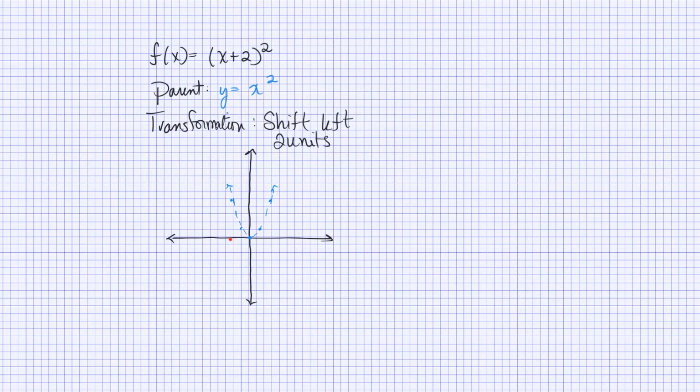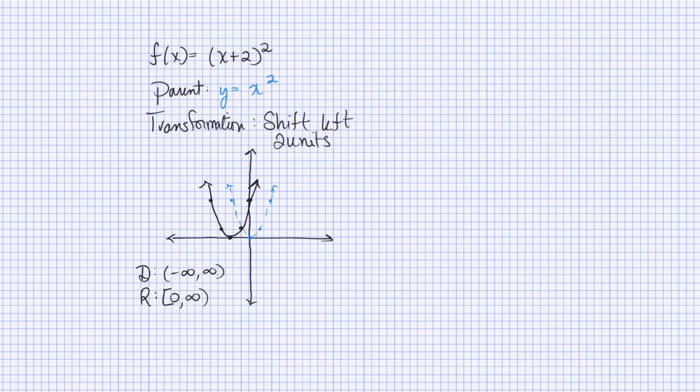So this one's going to move left 2 units, left 2 units, left 2 units, left 2 units, right? And there is my transformed quadratic function. Now, the domain on this one is not going to change because it was already all real numbers, and the range is not going to change because it was a horizontal transformation.